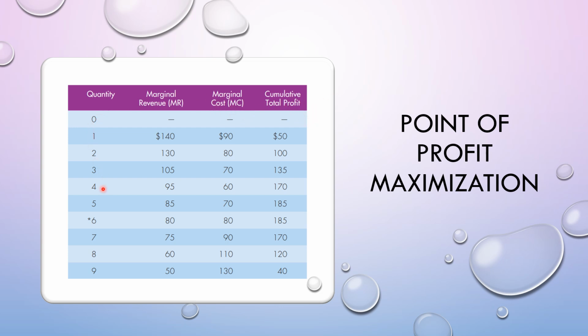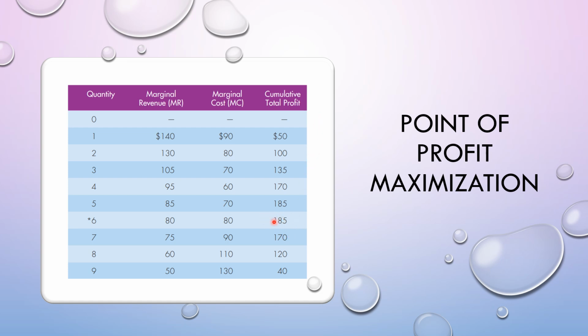And you can see here at number 6, when you can sell 6 units, your marginal revenue will be 80 ringgit, and your marginal cost is also 80 ringgit. Therefore, you will have your cumulative total profit at 185.